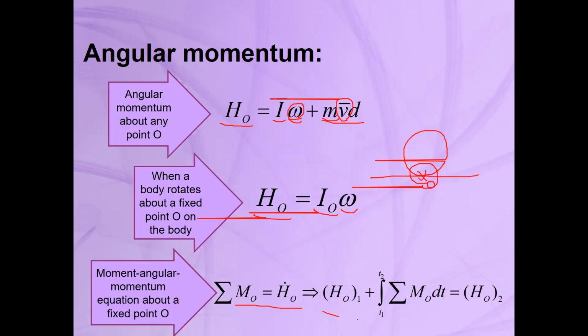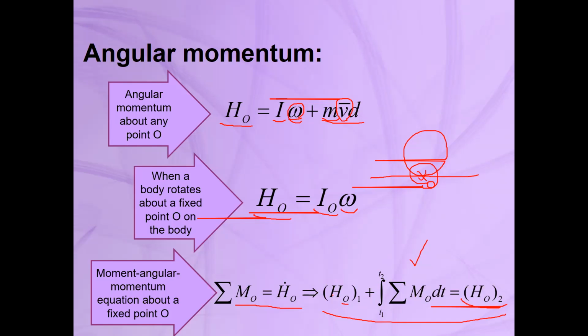But we use this form again in this section, the integrated form, which states that the angular momentum about point O in the initial condition plus the angular impulse about point O during the period of time t1 to t2 is equal to the angular momentum about point O in the final position.